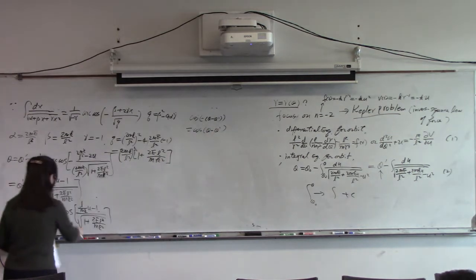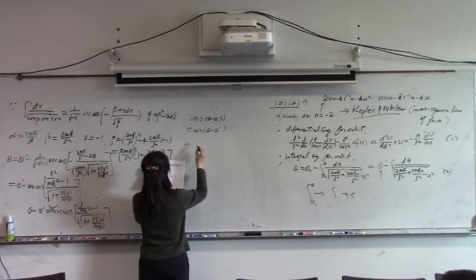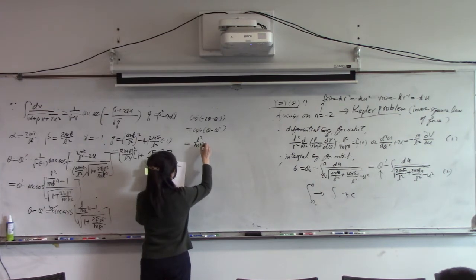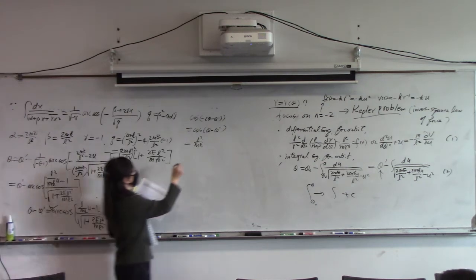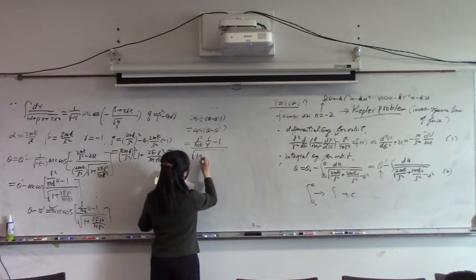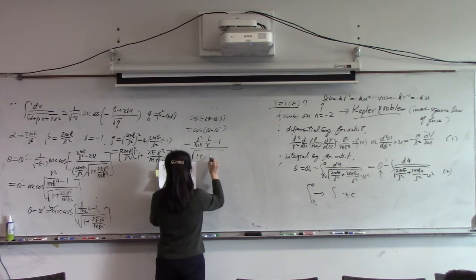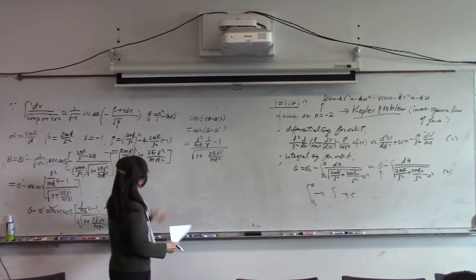And then that is equal to this one. Immediately we have this equal to L squared over mk, now u is 1 over r, right? So here, 1 over r minus 1, plus 2E L squared over mk squared. Now, of course, this is cosine theta.